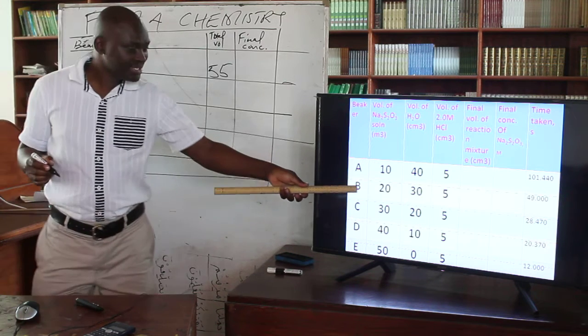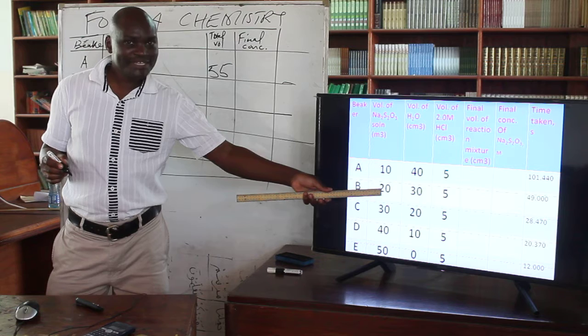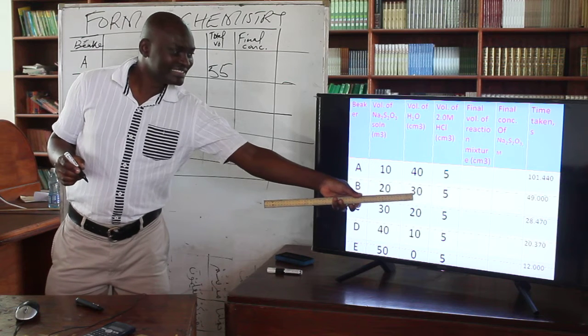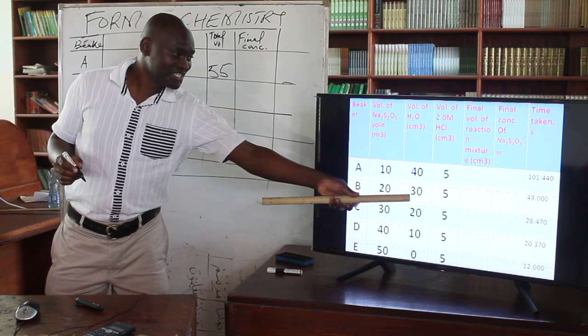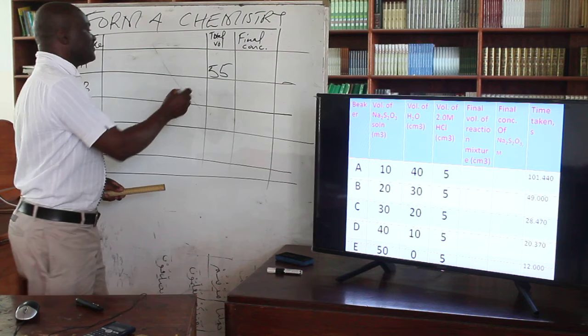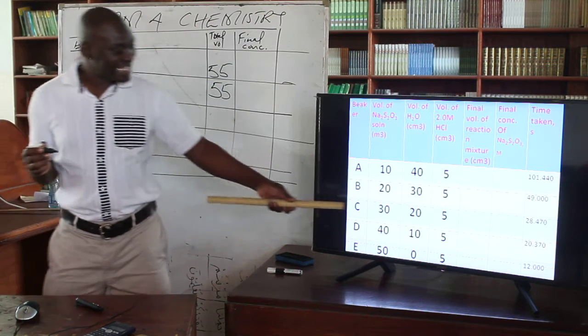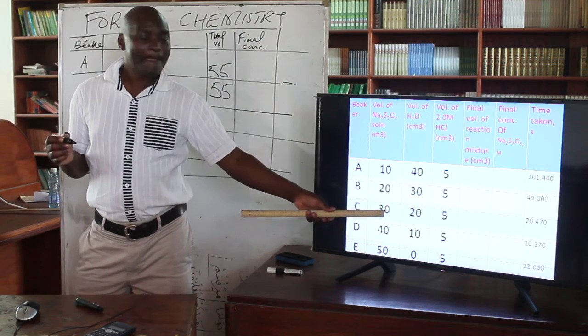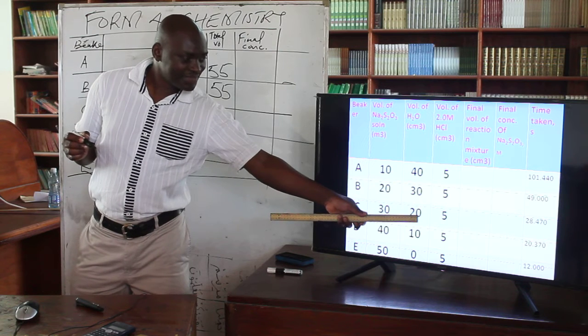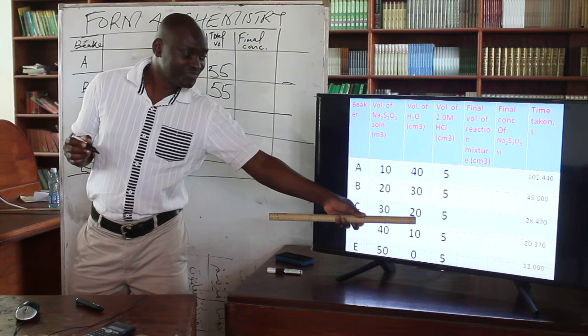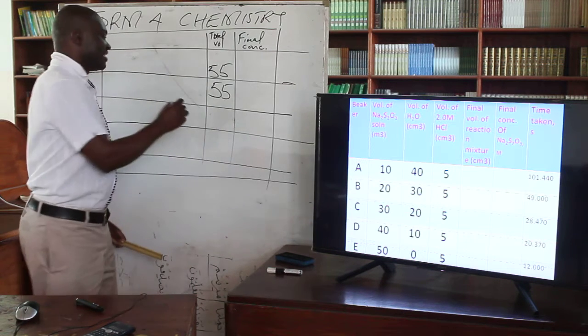For beaker B, we have 20 plus 30, that is 50 plus 5, 55. For beaker C, we have 30 plus 20, 50 plus 5, 55.